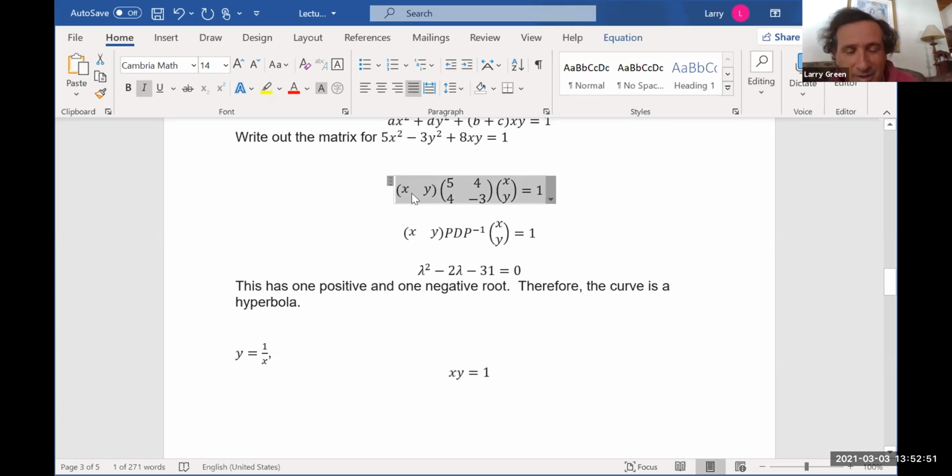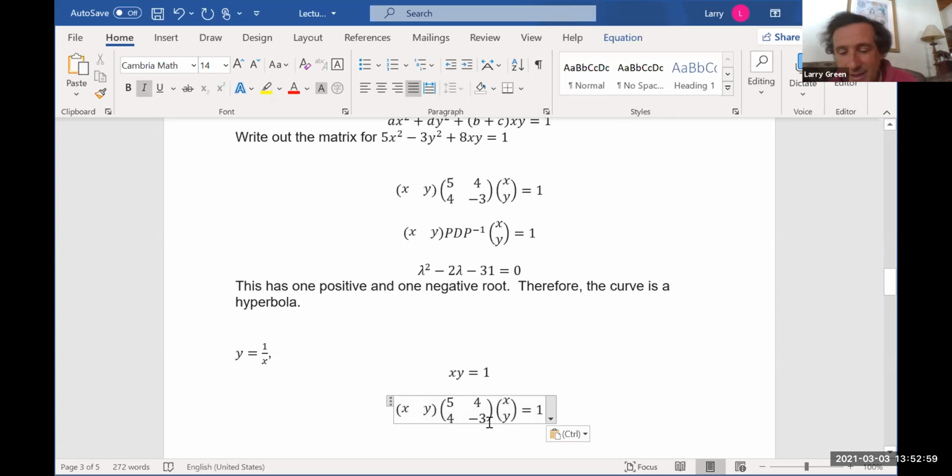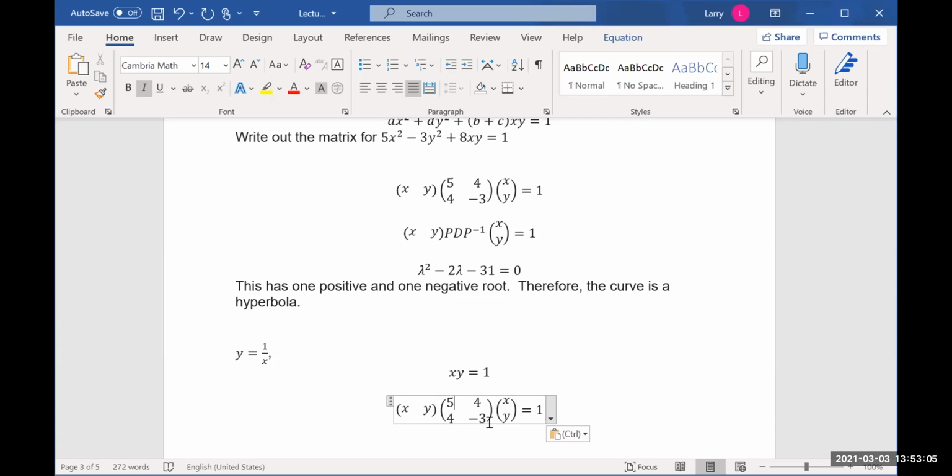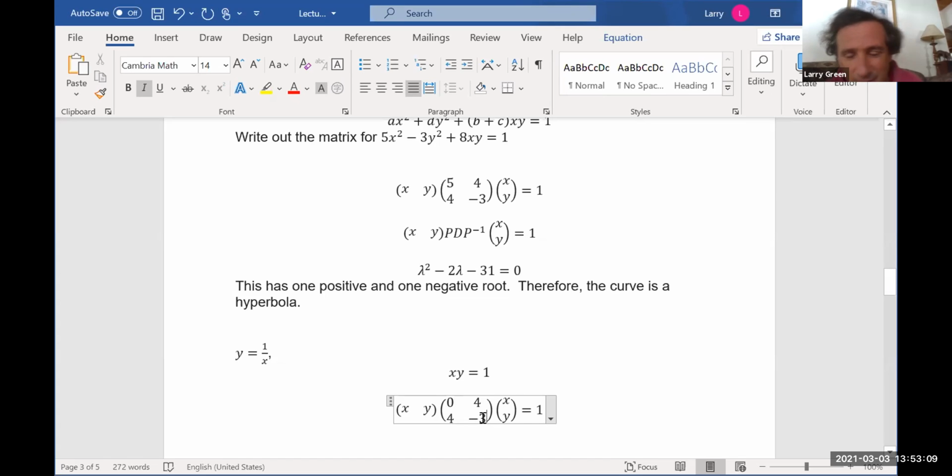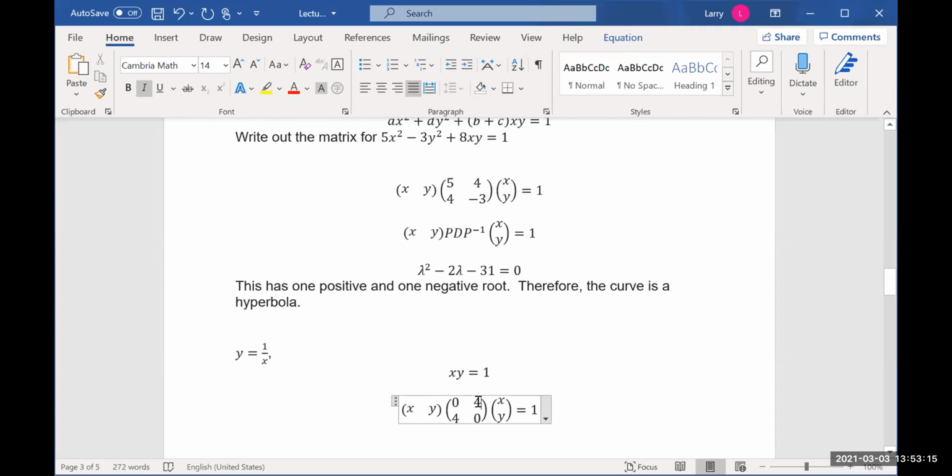So I'm going to steal this one so I don't have to retype in matrices. So in this case, what are the diagonals going to be? Zeros. Yeah, they're zeros. There's no x squared term and there's no y squared term. So that means they're both zeros. How about the off diagonals? 1/2. Mhm. 1/2.